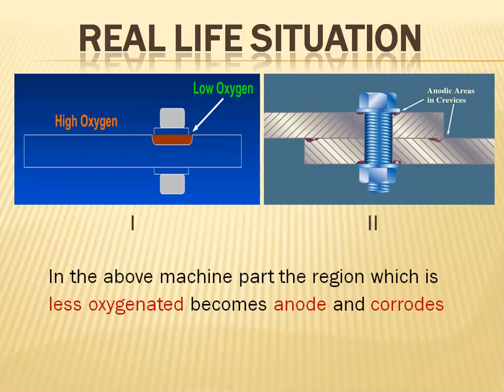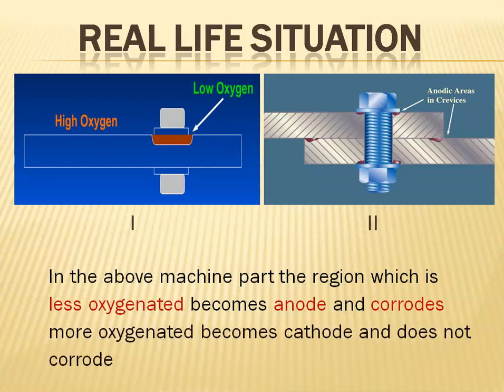In the above machine part, the region which is less oxygenated, that is the crevices or below the surfaces, becomes the anode and corrodes, while more oxygenated regions become the cathode and do not corrode.